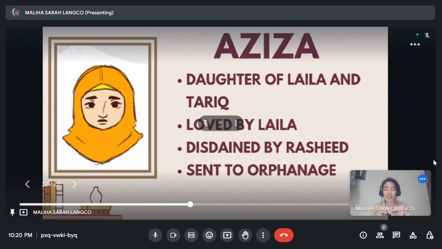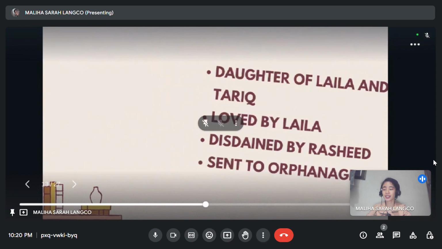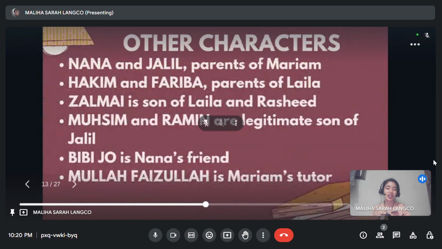Now let's proceed to the other characters in the story. We have Nana and Jalil, parents of Miriam; Hakim and Fariba, parents of Lila; and Zalmai, son of Lila and Rashid. Zalmai is the favorite son of Rashid, because he is his first child from the two wives he married after he was widowed.